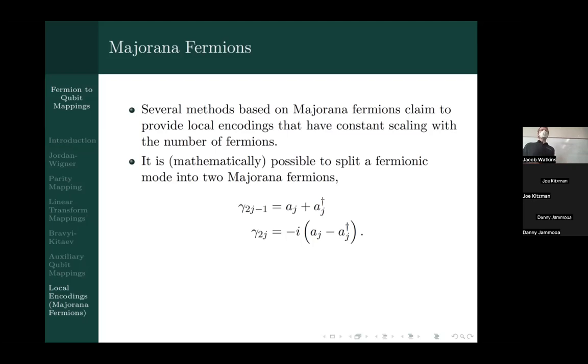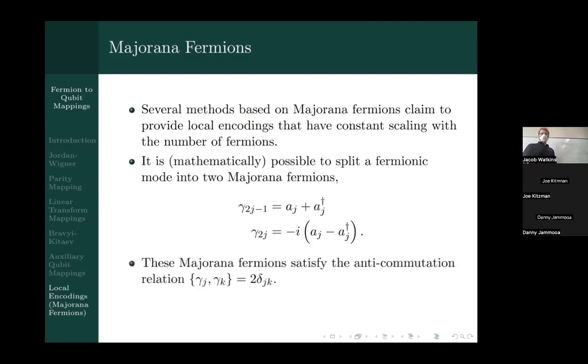This is just a purely mathematical thing as far as we are concerned. They satisfy slightly different anti-commutation relations. The interesting thing is that for Majorana operators, the creation and annihilation operators are the same. Gamma equals gamma dagger, and also the Majorana fermion squared equals 1, the identity.